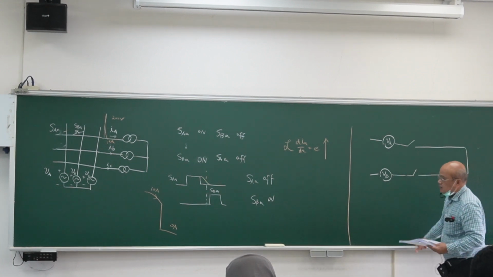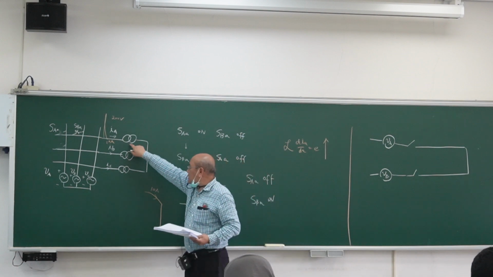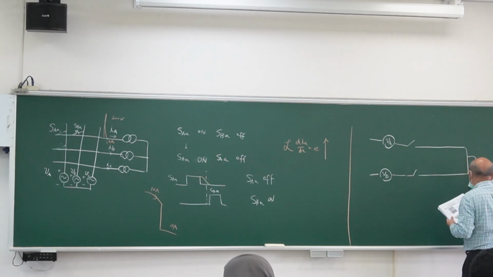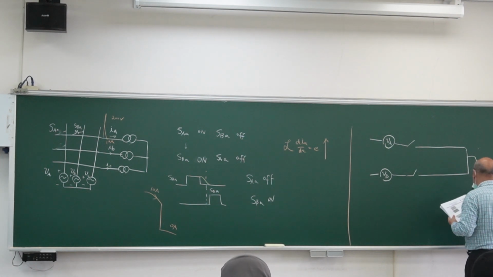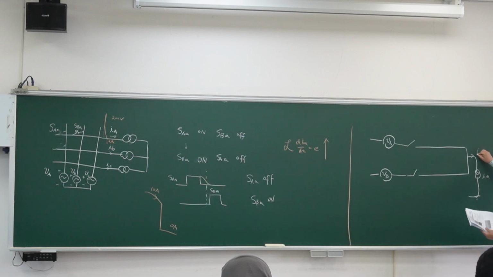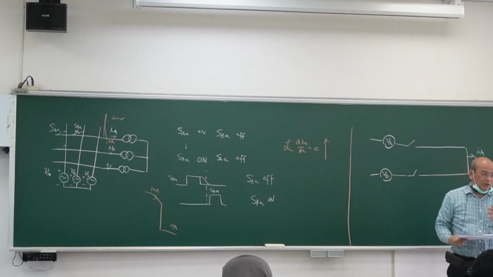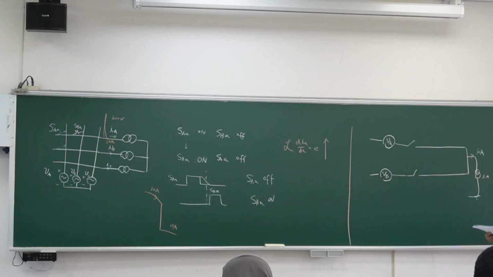Then we connect. We use two switches connected to IA. So we have IA. So the idea is like this. IA is 10 ampere. And then we want to change 10 ampere from A phase to B phase.